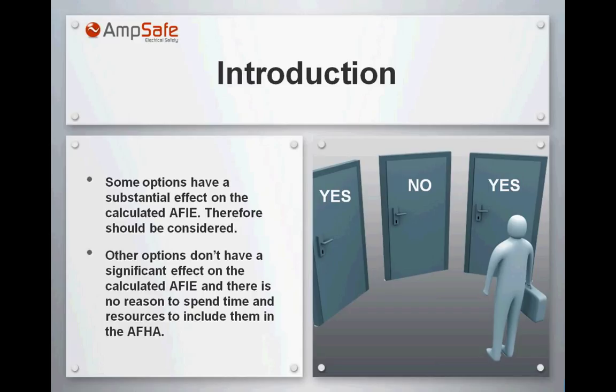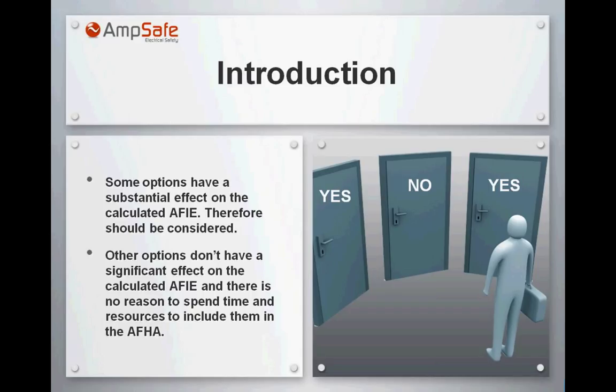Some other options don't. They have a very small influence on the final ArcFlash incident energy calculation and result. Therefore, if you have a lot of budget and a lot of time, you might include them, but it's really not necessary because it increases the expense too much for very little gain in the result.